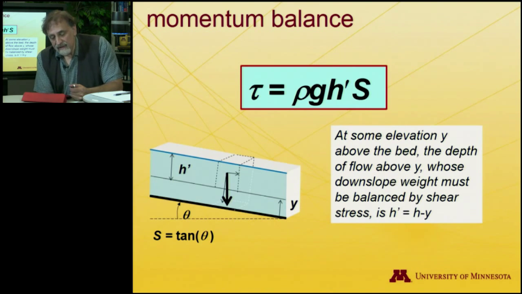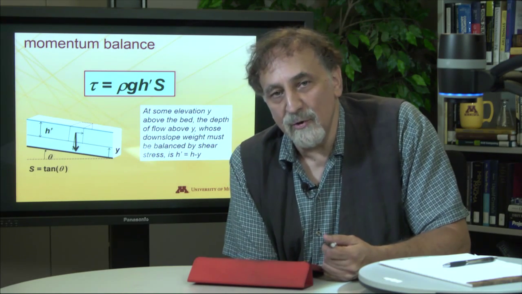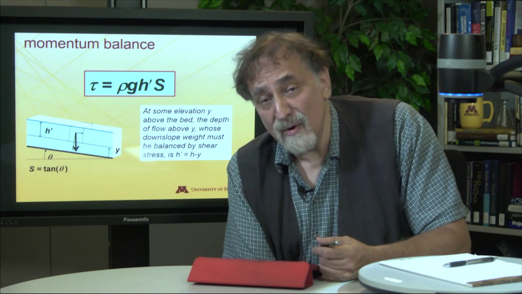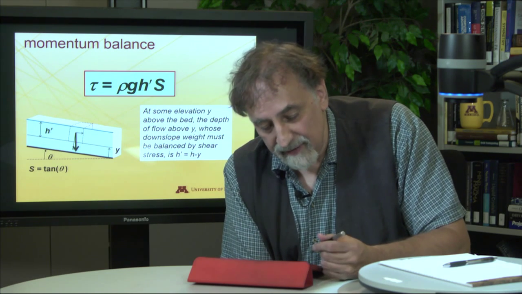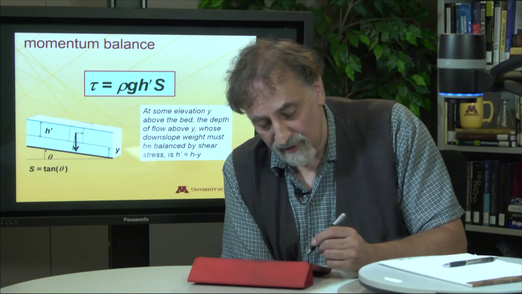So suppose we now consider some elevation higher in the flow and ask what the shear stress is at that elevation. Well, we already have done that, because if you're above the bed, the depth has been reduced by the distance that you moved up away from the bed, and so the shear stress is just given by that same momentum balance, except that the depth is replaced by the depth of fluid above you at the elevation where you are.